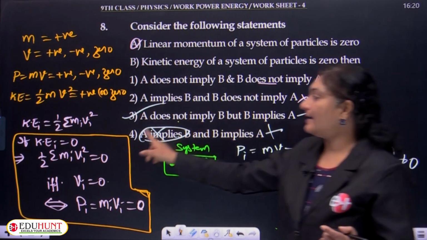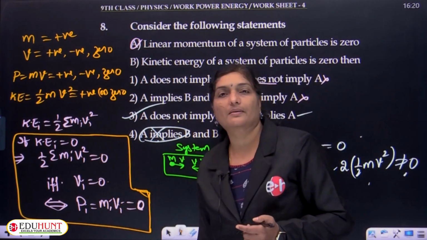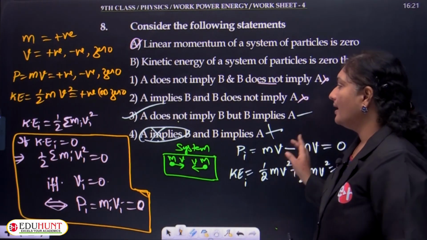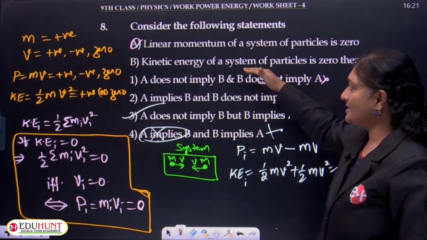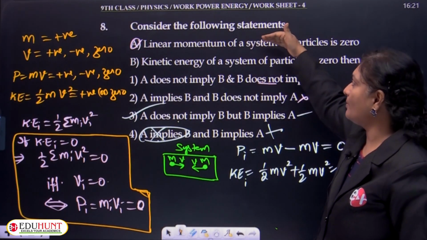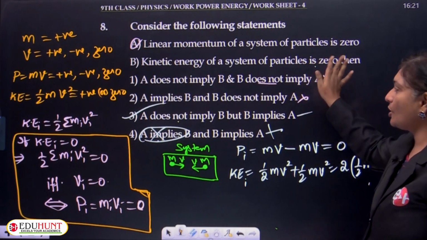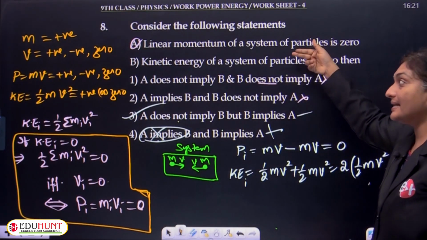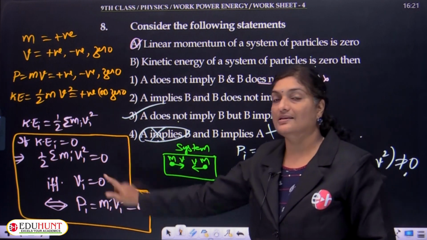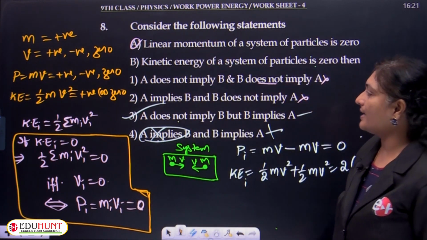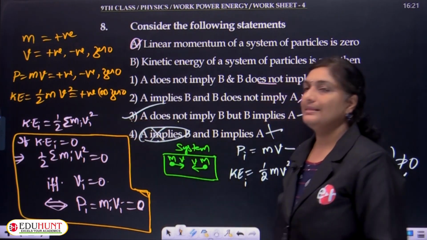But if kinetic energy becomes 0, the momentum of the system of particles will be 0. Hence, A does not imply B, but B implies A. So the correct option is option 3.